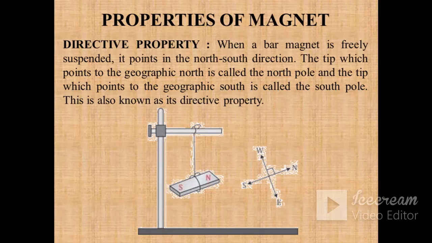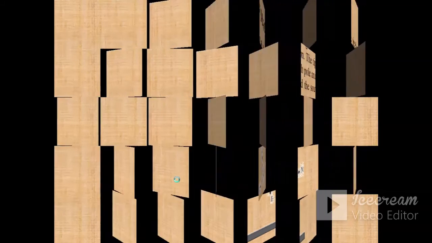This is known as the directive property of the magnet. So if you freely suspend a magnet, it will automatically rest in the north-south direction. The part of the magnet which points in the north direction is known as the north pole, and the part which points in the south direction is known as the south pole.